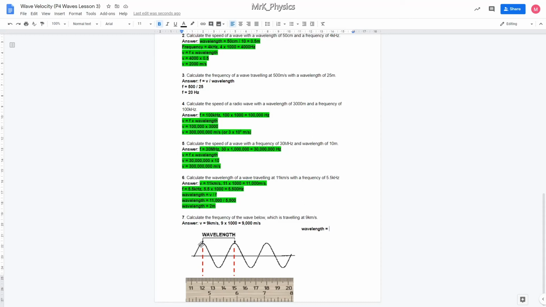So go from this peak to peak distance, and you use the red lines and the ruler, which shows it's 12 to 15 centimeters, as you would have on a regular ruler in class. So 15 centimeters, take away the 12 centimeters, work out the difference, 3 centimeters.